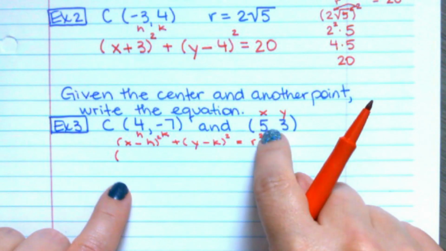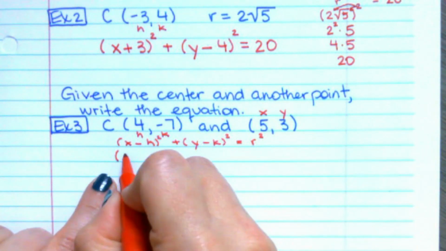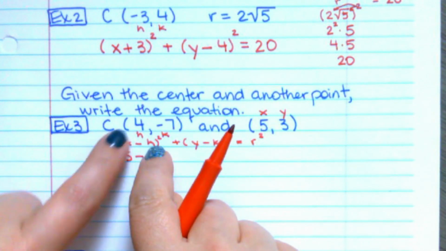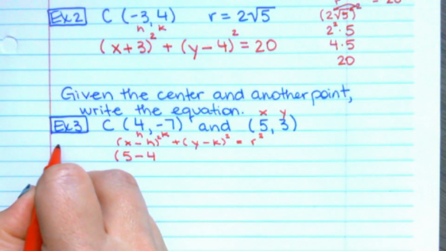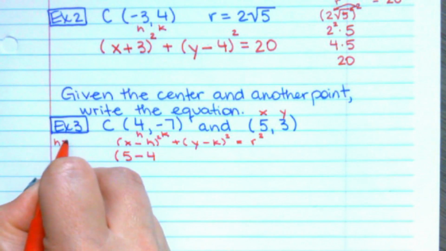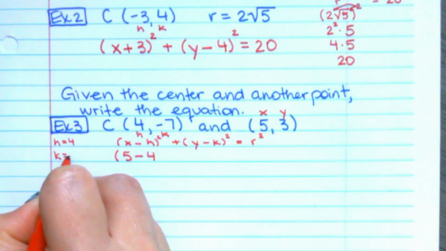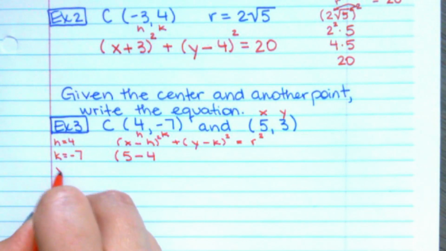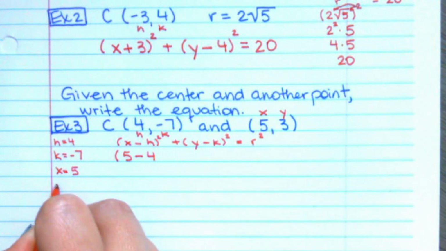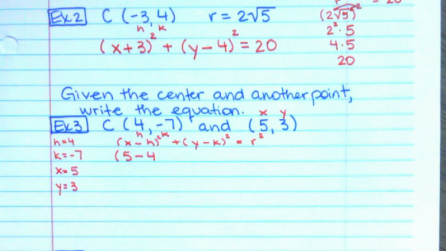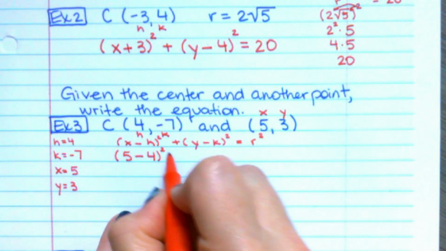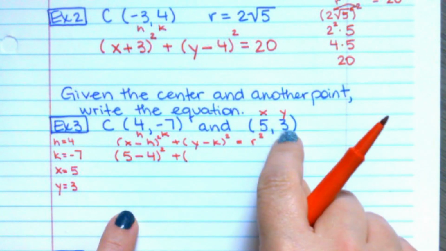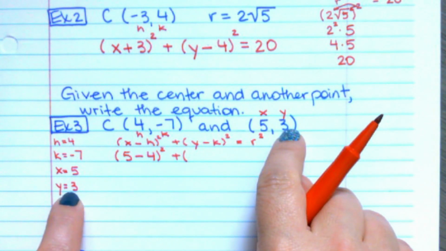So substitute X, 5, minus H is 4. I'm going to do this right here off to the side. So H is 4, K is negative 7, X is 5, Y is 3. That way it's nice and neat, not everywhere. Okay, squared plus Y. Y is 3 because it tells me right there.